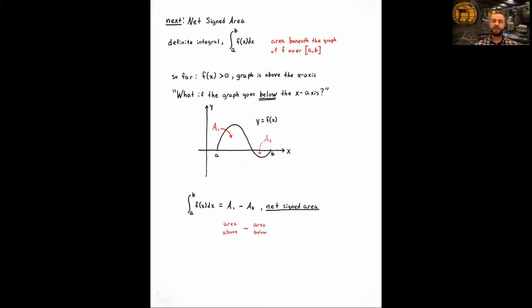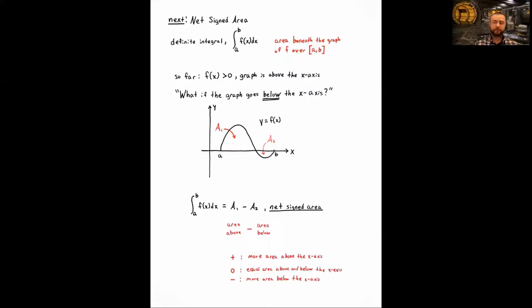Now this concept of net signed area can give three possible values, just like usual net change ideas. You could get an overall positive answer, which means your function over that interval has more area above than below the x-axis. It is possible, if the sizes of A1 and A2 are equal, you could get a 0 value for the definite integral.